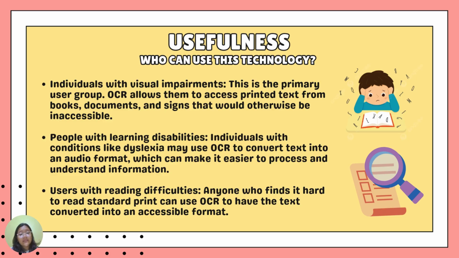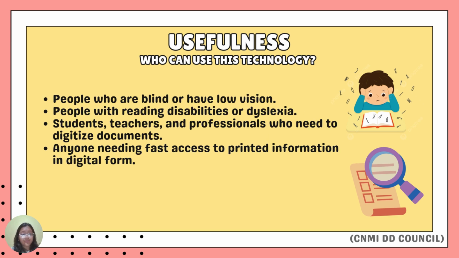People with learning disabilities and conditions such as dyslexia may use OCR to convert text into an audio format, which can make it easier to process and understand information. Users with reading difficulties as well, who find it hard to read standard print, can use OCR to have the text converted into an accessible format or into a large print.